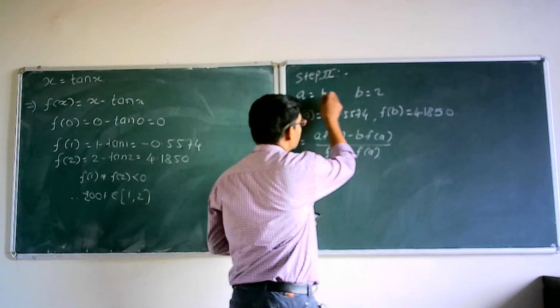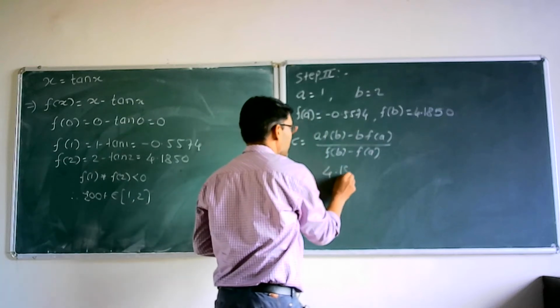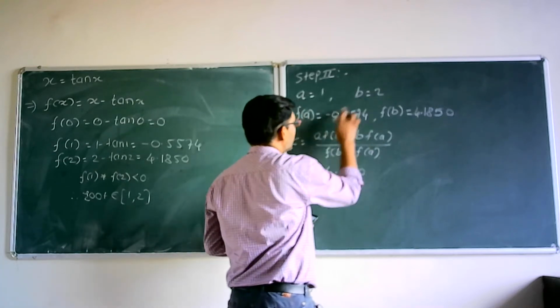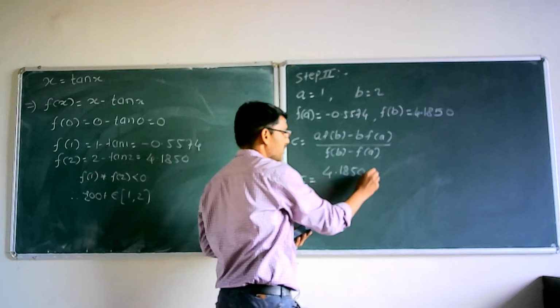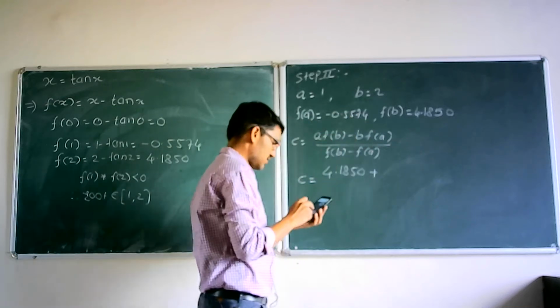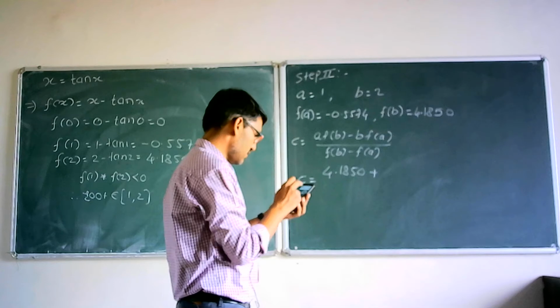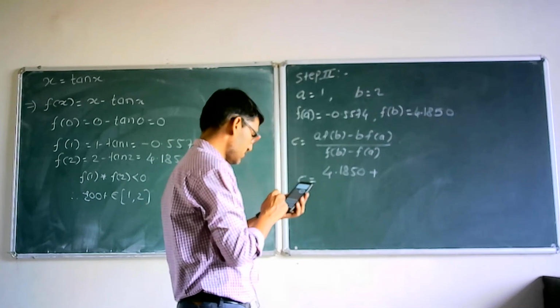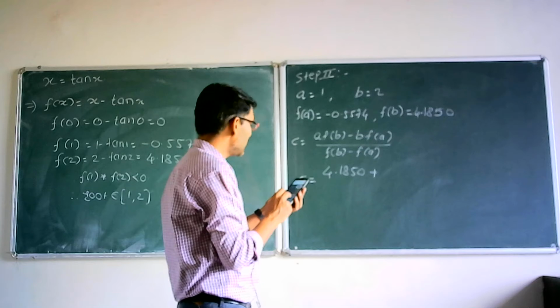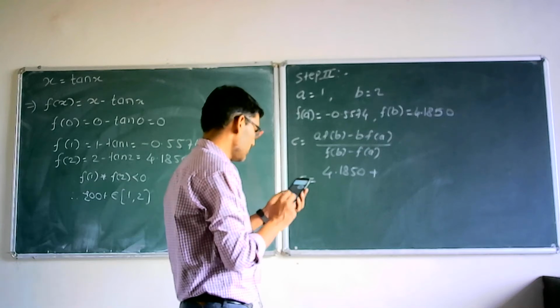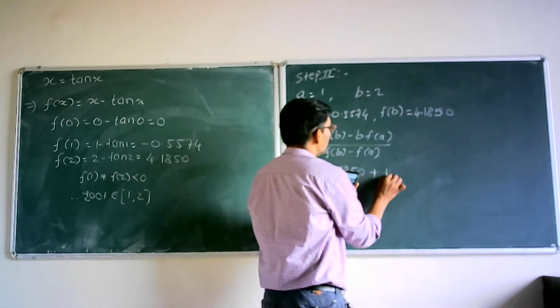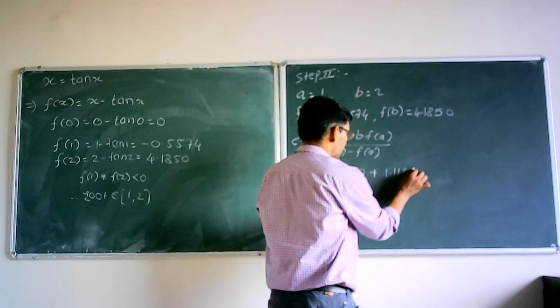So c is equal to a f of b, so cross multiplication. So it is 4.1850 minus b f of a. Minus becomes plus: 2 times 0.5574, multiplied by 2, so you will get 1.1148.